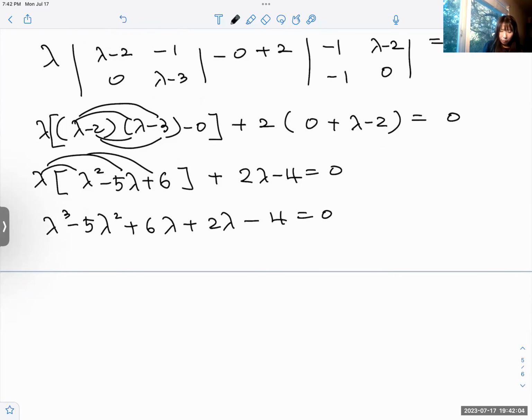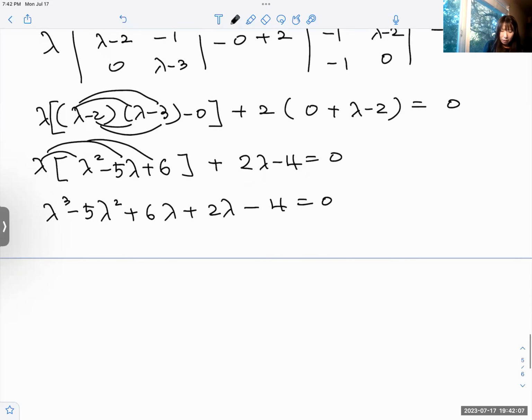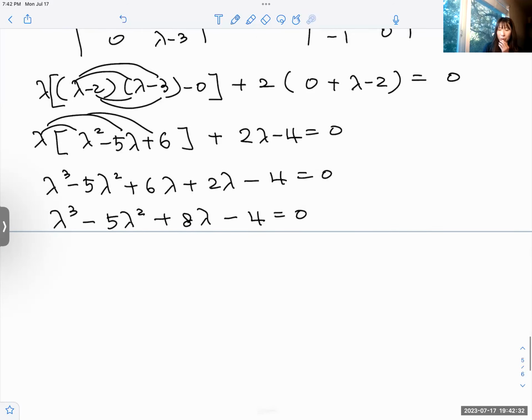Okay, now we have lambda cubed minus 5 lambda squared plus 8 lambda minus 4 equal to 0. Okay, so maybe this is a cubic.